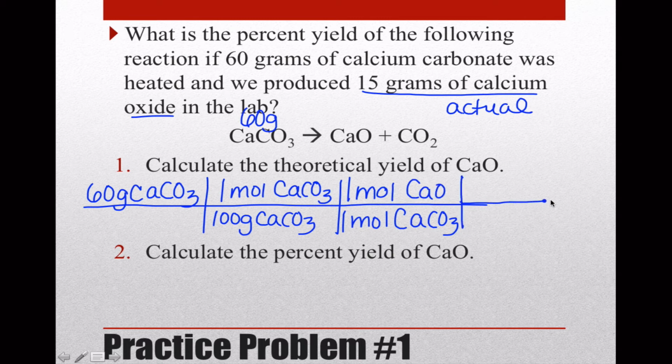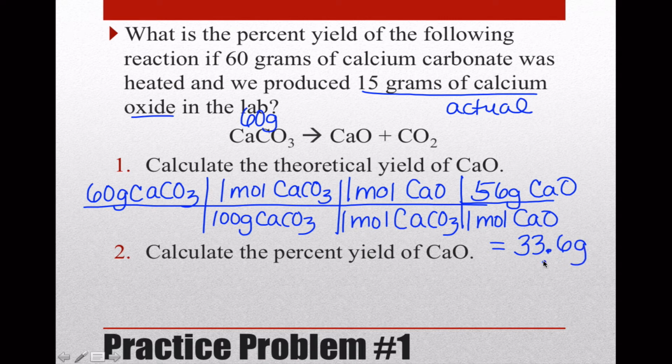And the last step is grams. 1 mole of calcium oxide is 56 grams. And when you do the math, you end up with 33.6 grams of calcium oxide. Because I found 33.6 by doing stoichiometry, this is my theoretical yield.